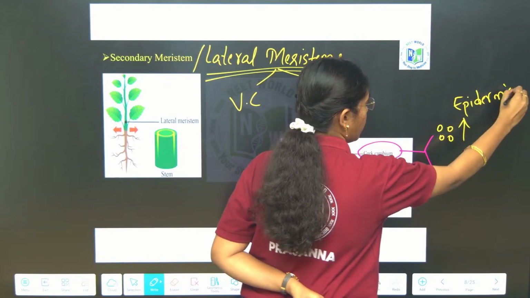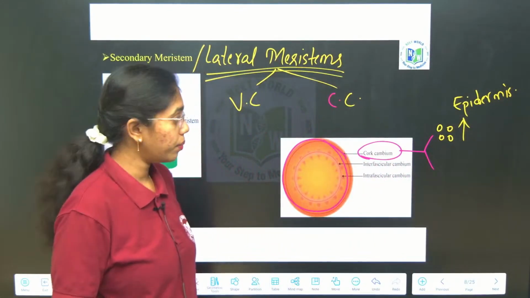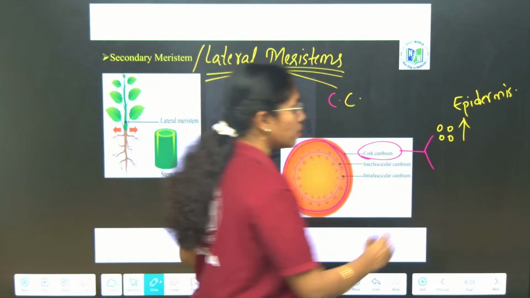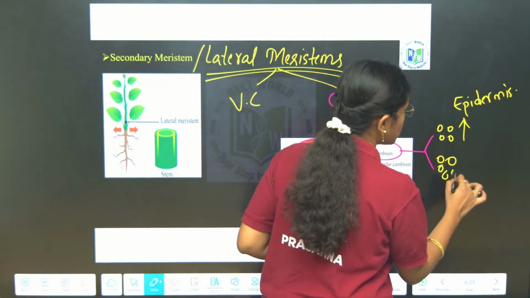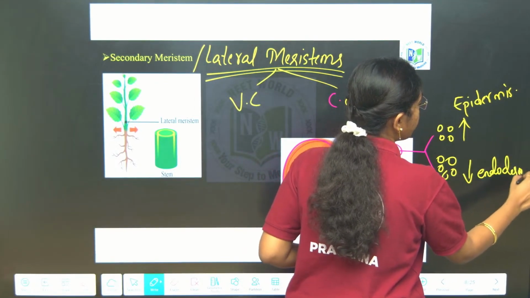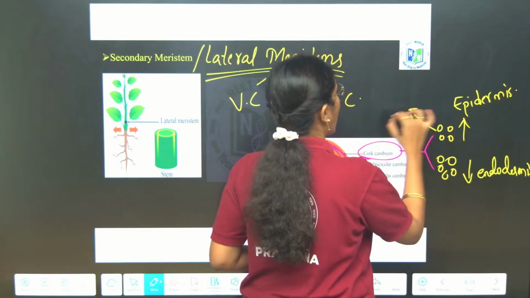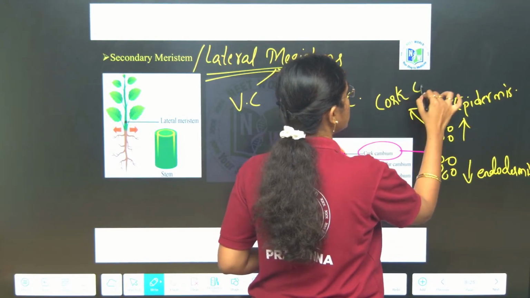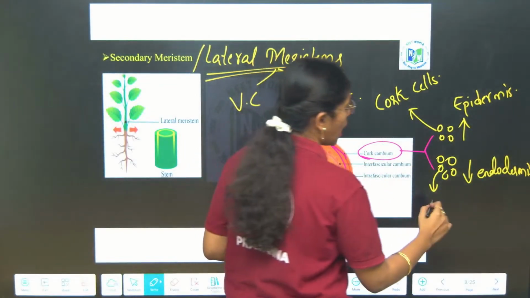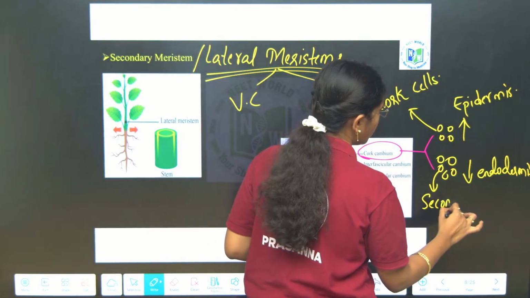As a result of the meristematic activity of cork cambium, new cells are formed towards the epidermis and cells are formed towards the endodermis. Those cells which are formed towards the epidermis are addressed as cork cells. Those cells which are formed towards the endodermis are addressed as secondary cortex.